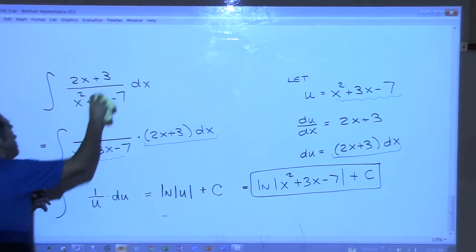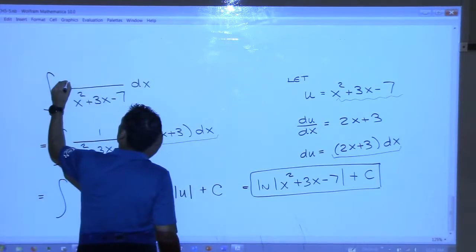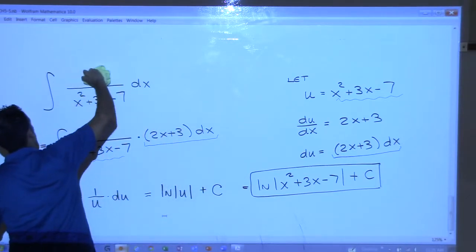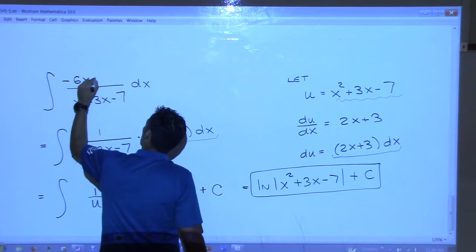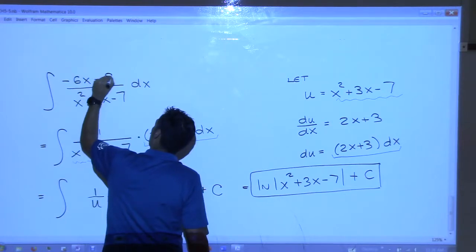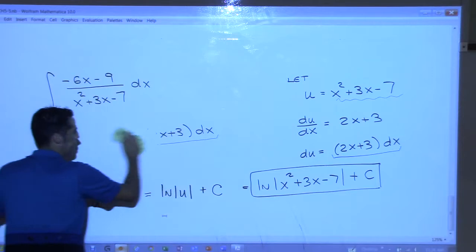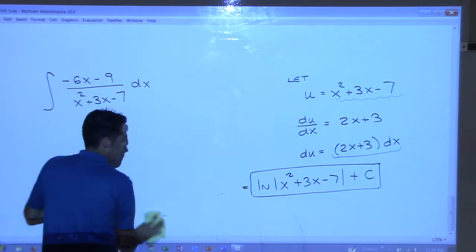So instead of having 2x plus 3 on top, what if we had negative 6x minus 9, sorry. There we go. What if we had that instead, over the same thing?